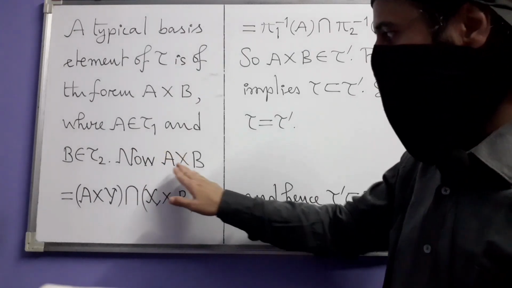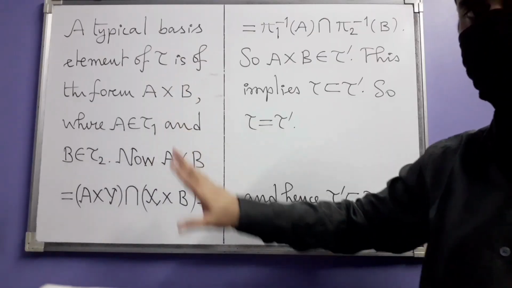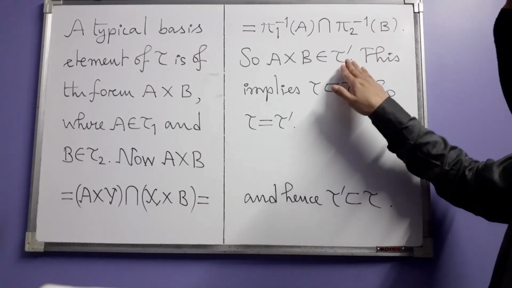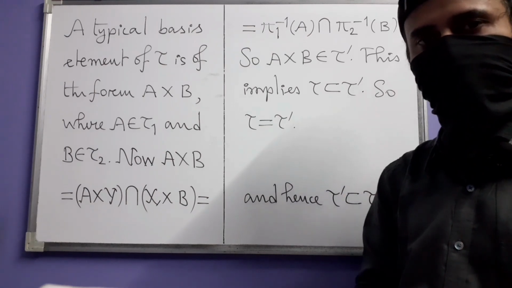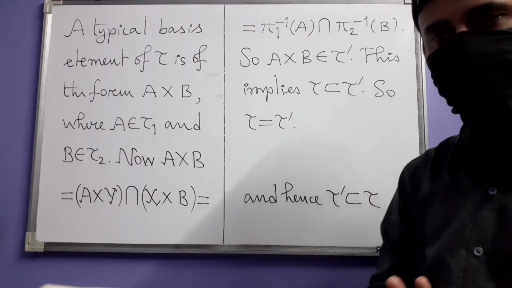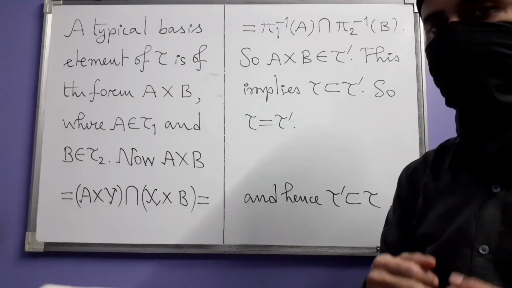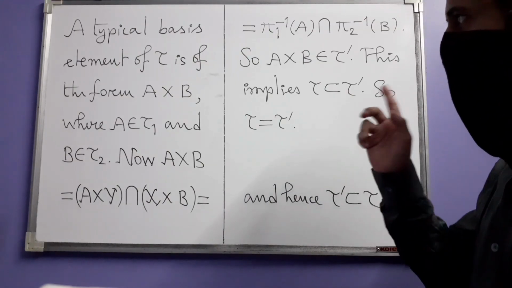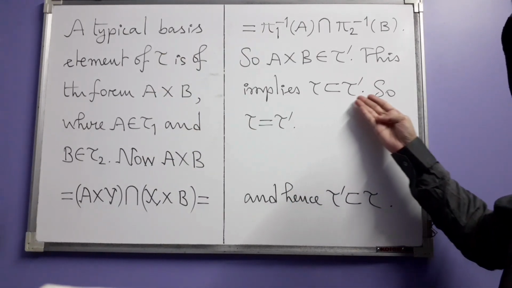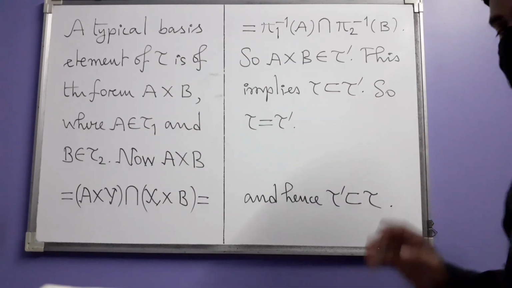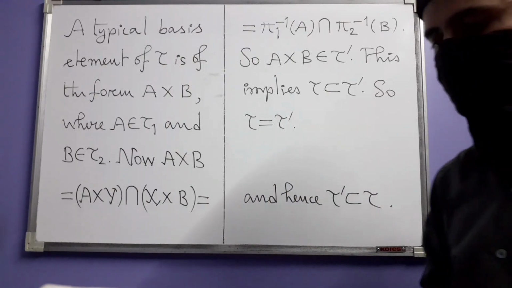But because A times B is any basis element of the topology tau, that means all the basis elements of tau are elements in tau prime. So their arbitrary unions will also be elements in tau prime, because tau prime being a topology is closed under the formation of arbitrary unions, and those unions are what we have in tau. So that way tau is also contained in tau prime, just like tau prime is contained in tau, and that's how they are equal. And this section ends here itself.